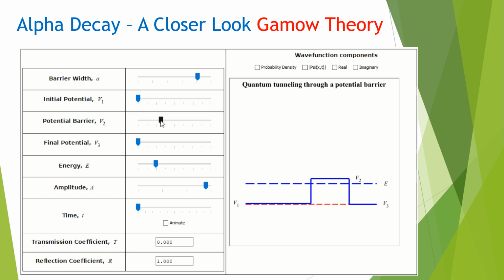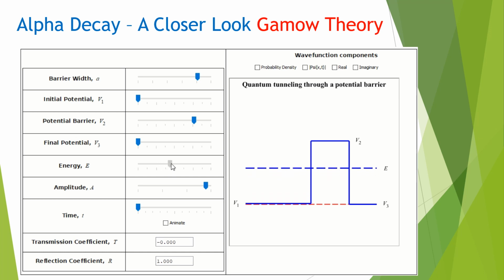Now the potential barrier V2, that is for region 2, I can raise the height of this potential barrier as desired. The energy of the alpha particle is less than V2 here. So we shall set it to some lower value than V2.